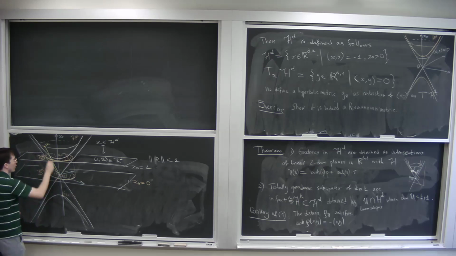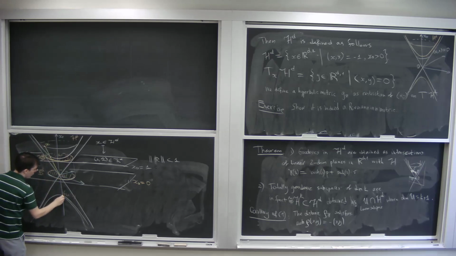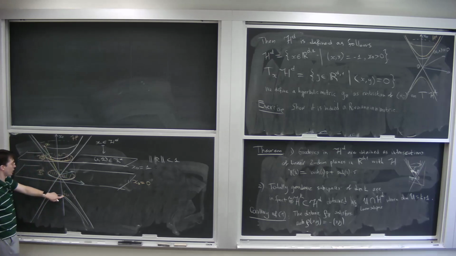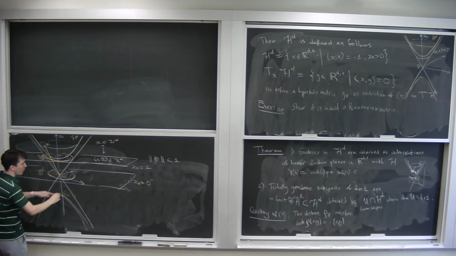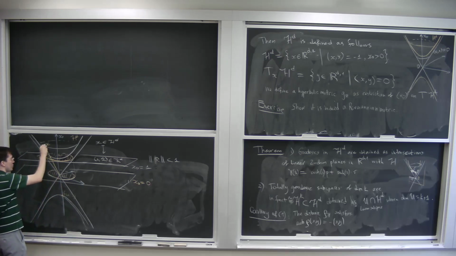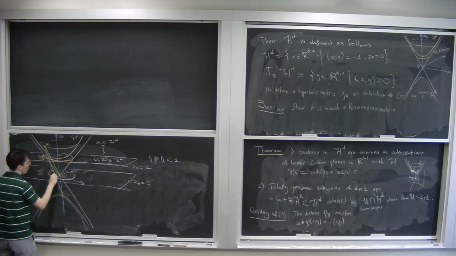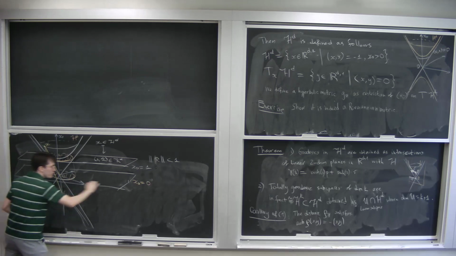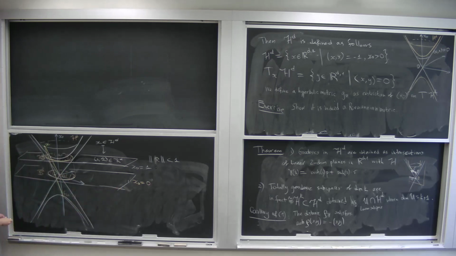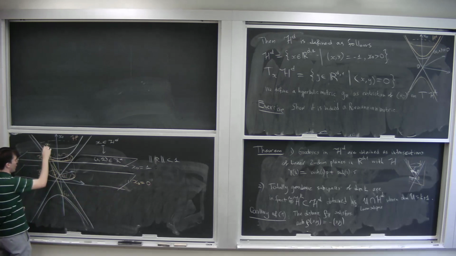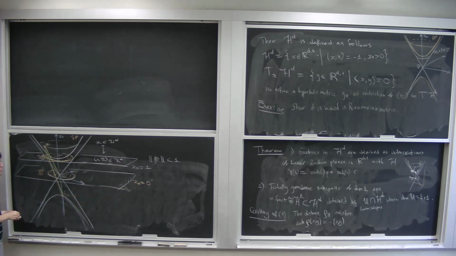I am taking the same point x, but now I'm taking the ray from the south pole of the hyperboloid. I draw this line, and where it intersects my hyperplane x0 equals 0, I get the image of x inside B^d.